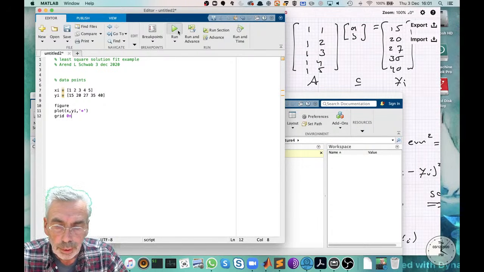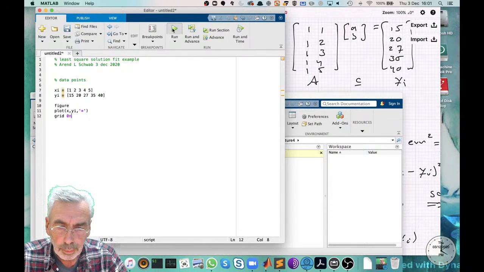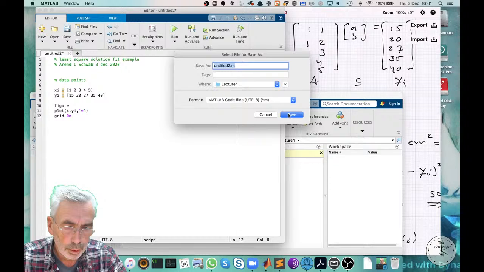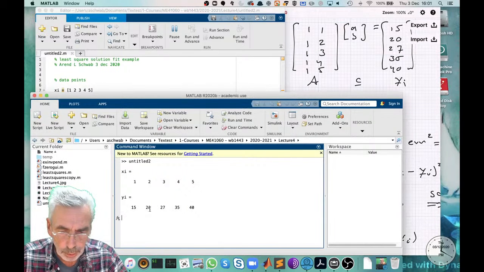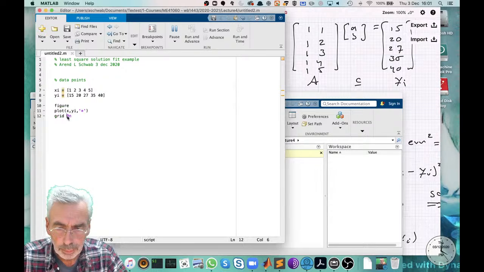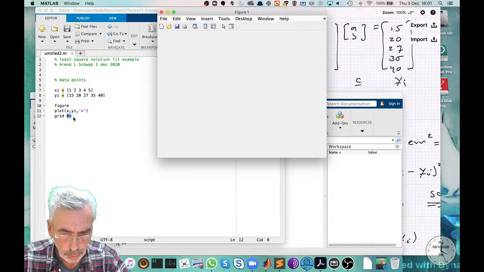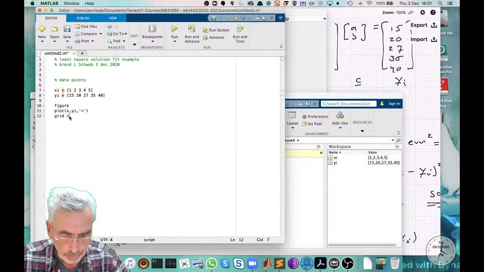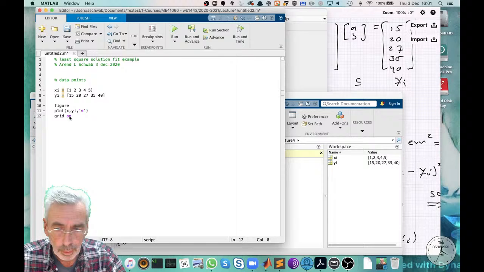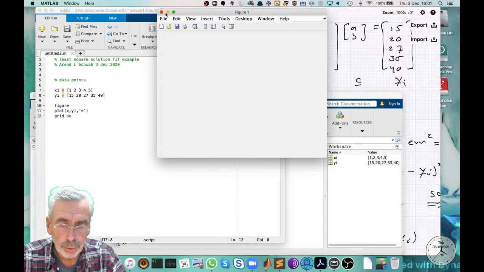So let's run this. Run it. I said run. Okay. Of course, errors, right? I'm very good at making errors. This shouldn't be right. That's completely an error. It should be grid on. Okay, let's throw this away.